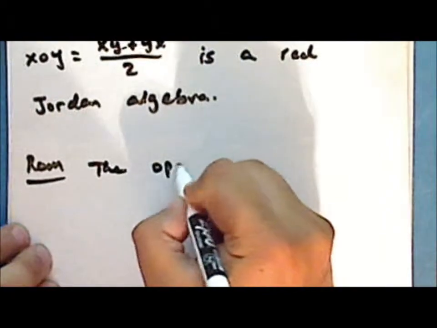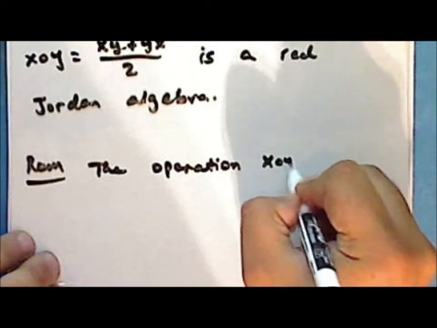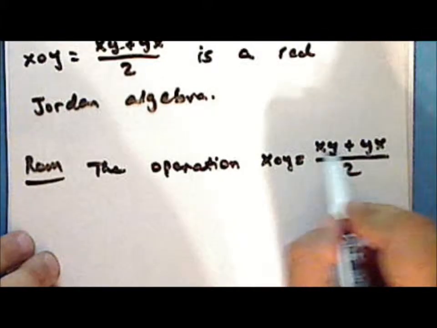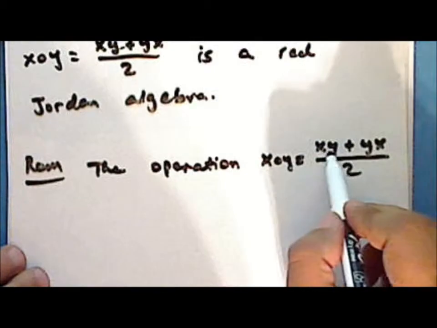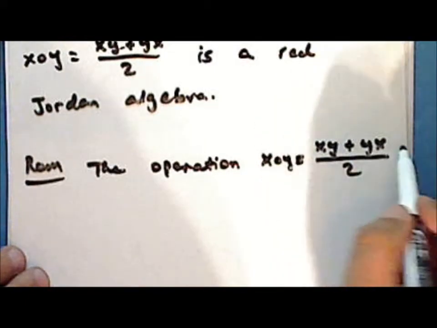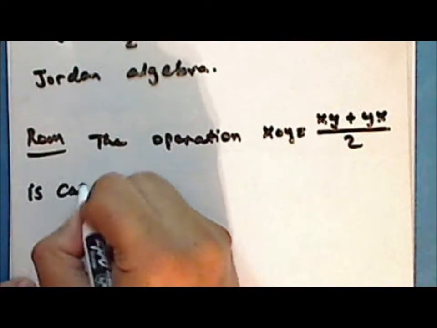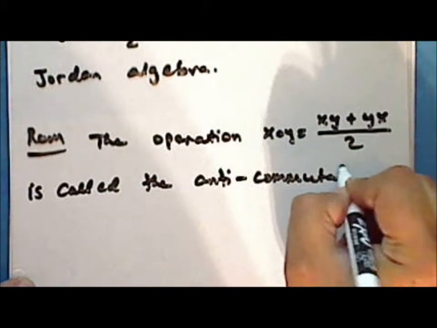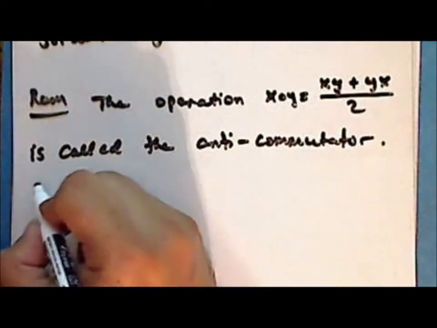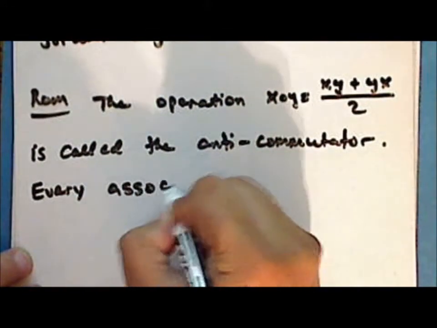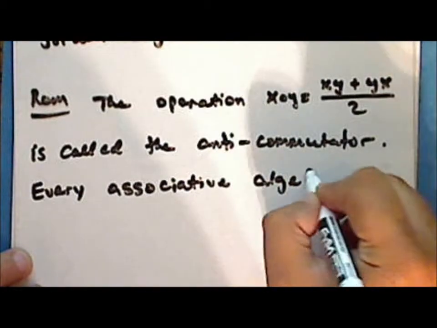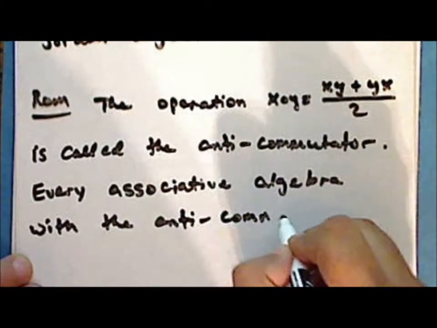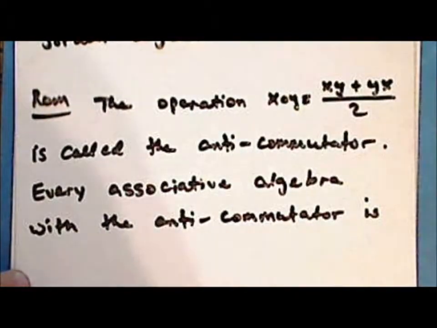Now the operation x circle y, which is defined to be the sum of the products of normal multiplication divided by 2, where we take the product x times y and y times x, is called the anti-commutator, and every associative algebra with the anti-commutator is a Jordan algebra.